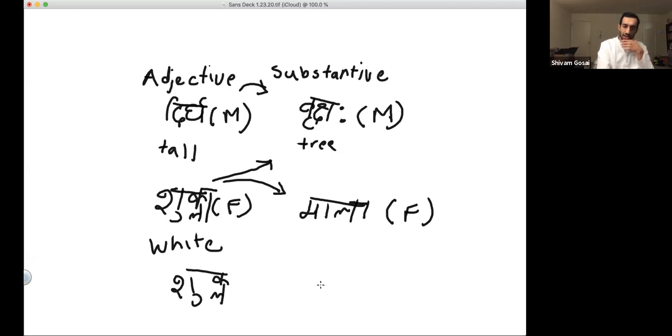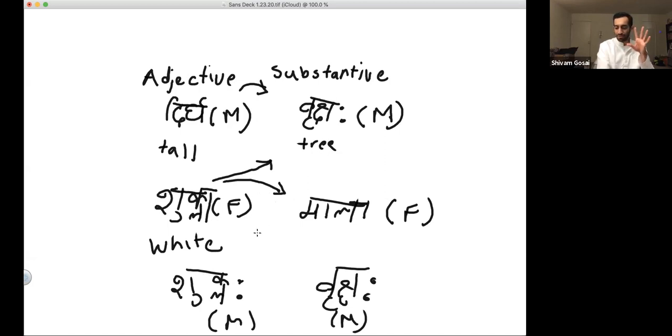Now when I add Shukla, let's say to Vrikshaha, which is masculine, it will look a little bit different. Instead of becoming Shukla, it will become Shuklaha because it's masculine. Because this is masculine, the adjective will also become masculine. Here it's feminine, mala, so then it has to become Shukla. But the Pratipadika itself is just Shukla.